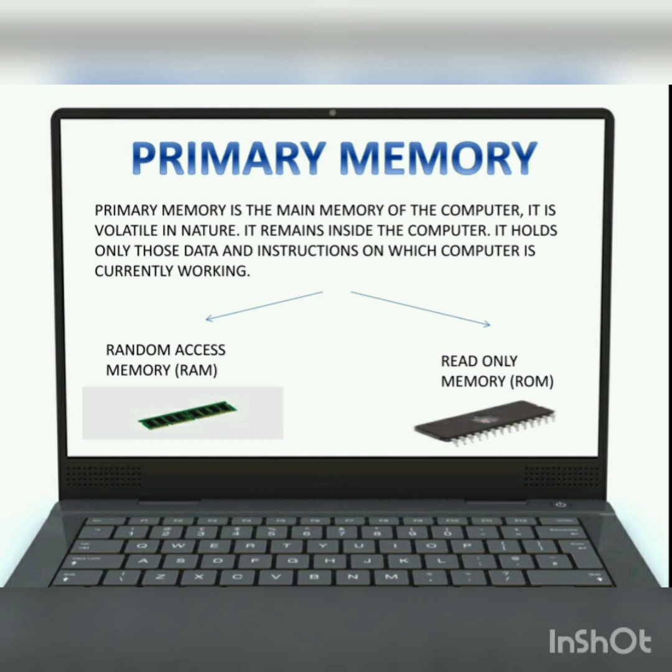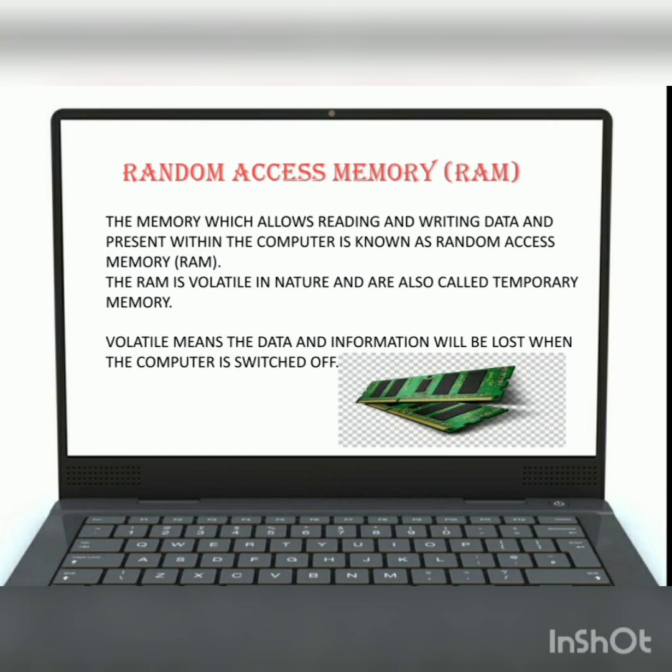These are semiconductor devices, and primary memories are not as fast as registers. Primary memory is further divided into 2 subcategories, that is RAM, random access memory, and read-only memory, that is ROM. Now let's get started with RAM.